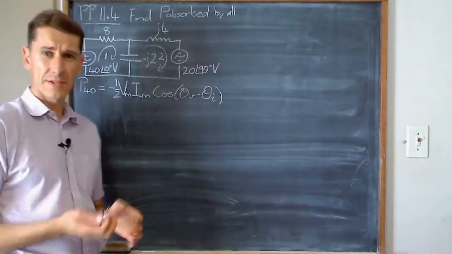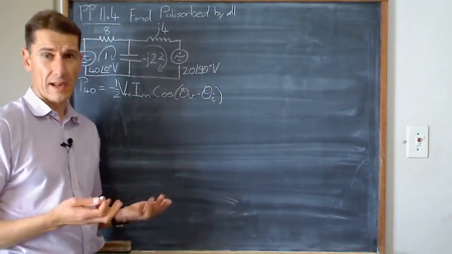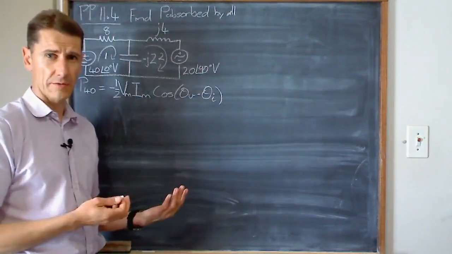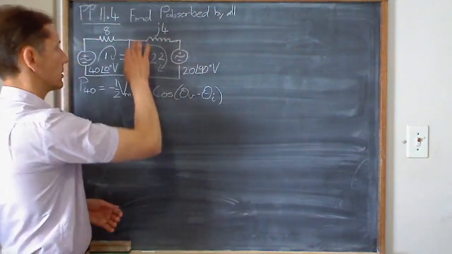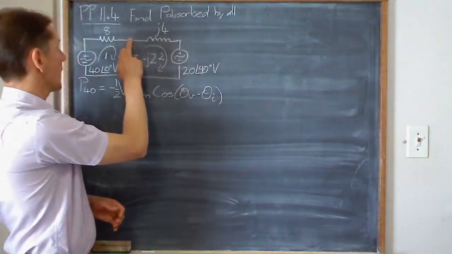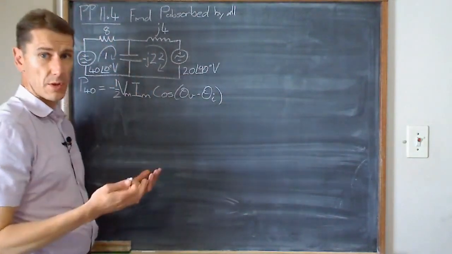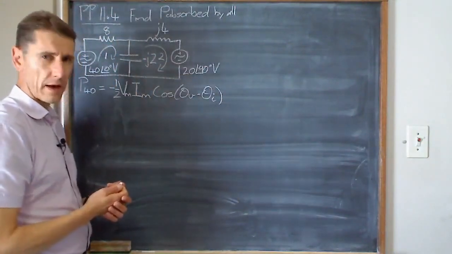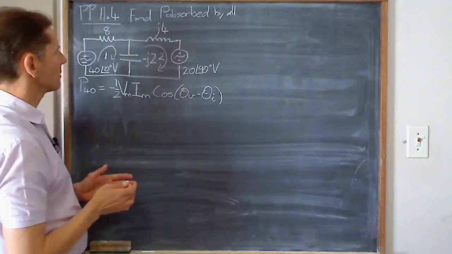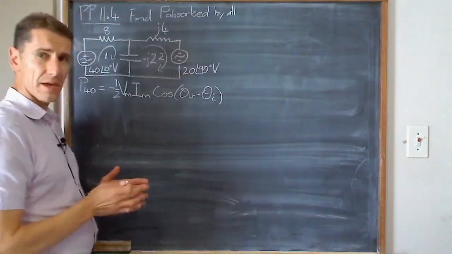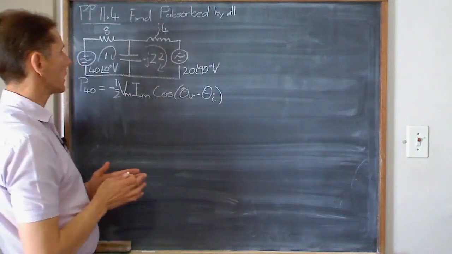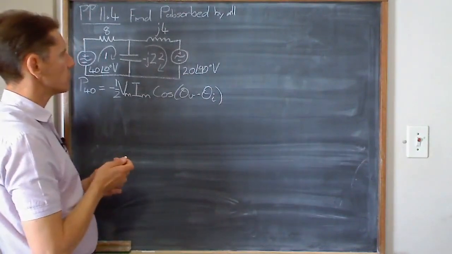So how would you solve for these two current values? Well, it's currents that you're looking for, so mesh analysis will directly give you the current value. But of course, you could have done a node analysis, and then this voltage minus that voltage divided by the 8 would also give you that current. I'm thinking, gee, that would be one equation, and we're going to solve two equations now.